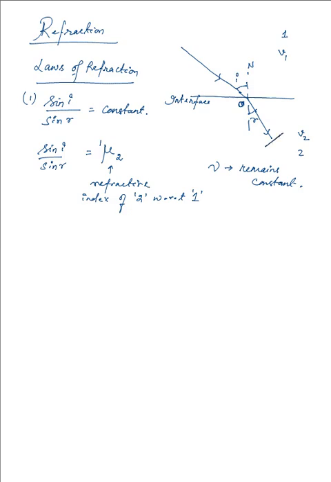That is, if we place a plane mirror to which this refracted ray will be incident normally, then it will be reflected back in the same direction, maintaining the angle of incidence in this case equal to r.